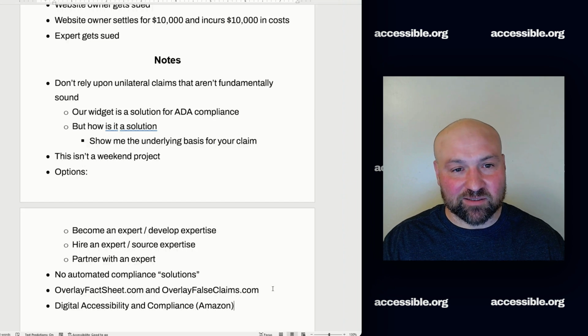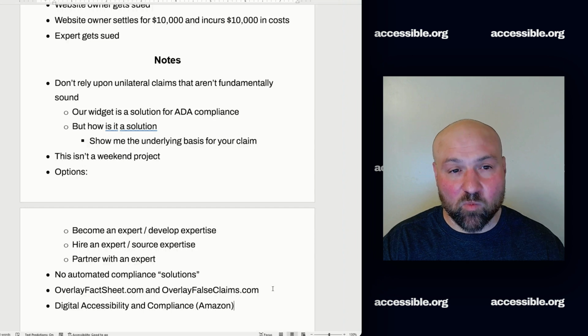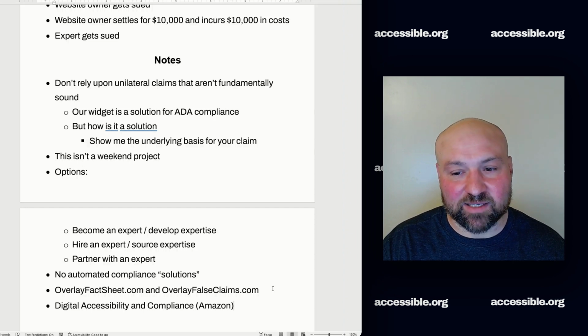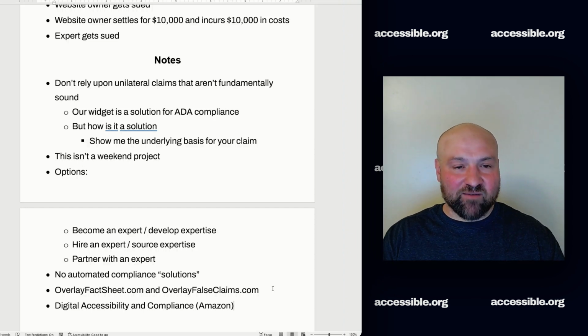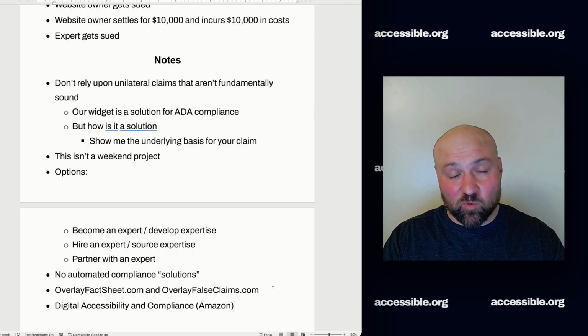So again, the best practices: WCAG 2.1, AA conformance, and then publishing an accessibility statement with one or more methods of contact. So now you have a much better understanding of how to reduce your risk.